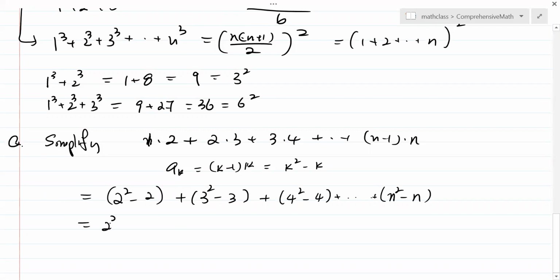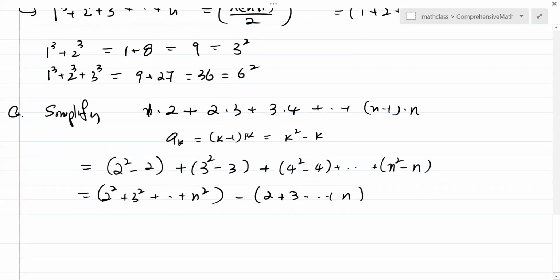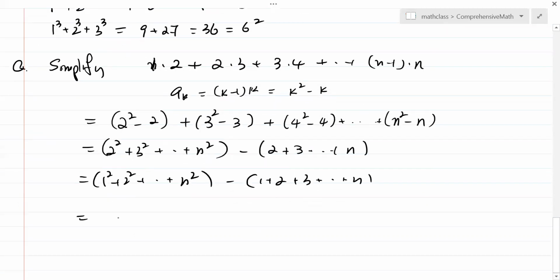It's going to be 2 squared plus 3 squared all the way to n squared, minus 2, minus 3, all the way to minus n. So I can add 1 to both. It's going to be 1 squared plus 2 squared all the way to n squared, minus 1 plus 2 plus 3. It does not change the value. Finally, apply the formula.